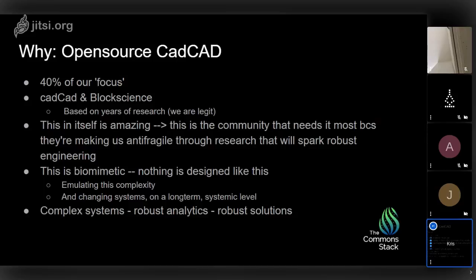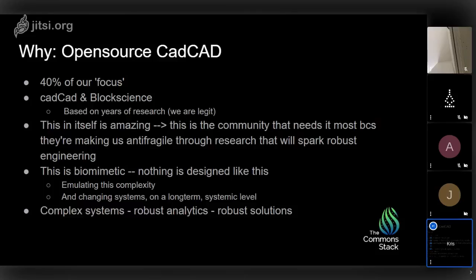So this is saying that we will do CAD and it's block science. It's not about the technicality, but about getting your audience to understand, hey guys, we are legit. This is based on years and years of research.